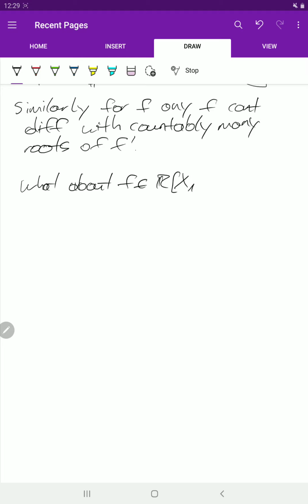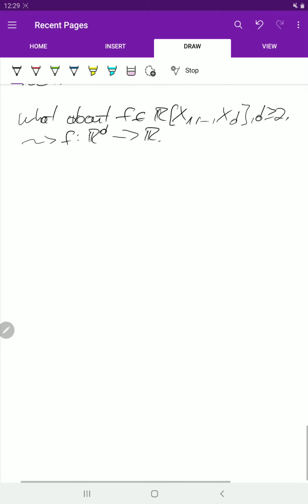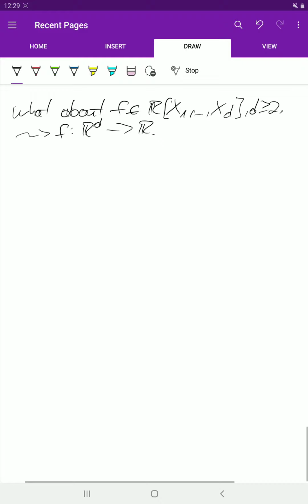So we can get a map from R^d to R. So this gives us such a map. And does this also preserve the dimension? And that's not the case. So let's see a counterexample.